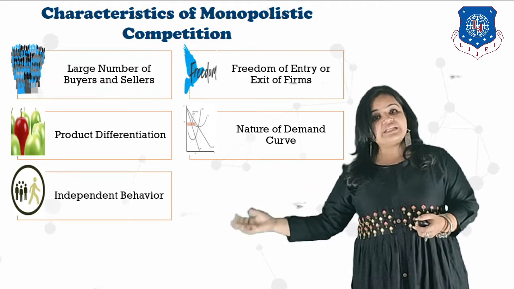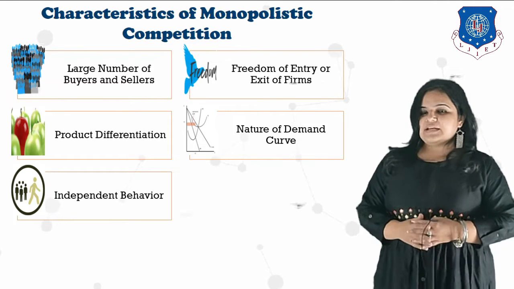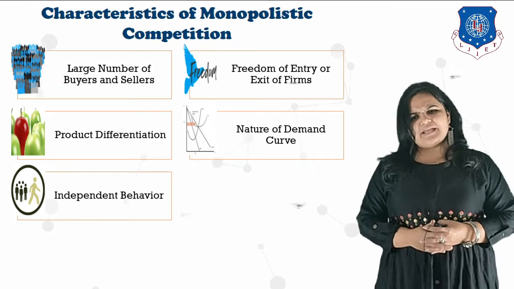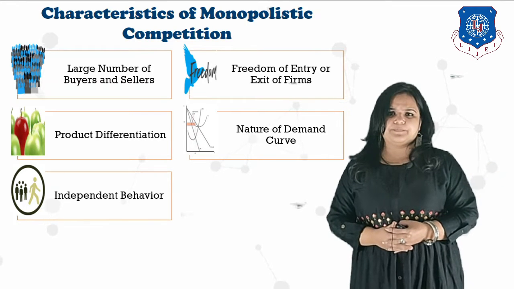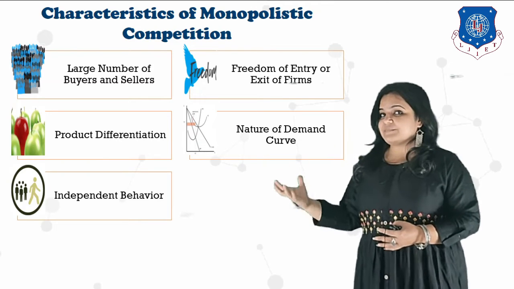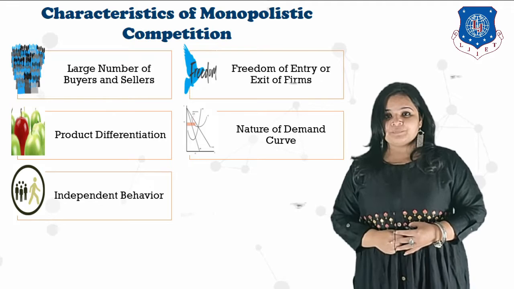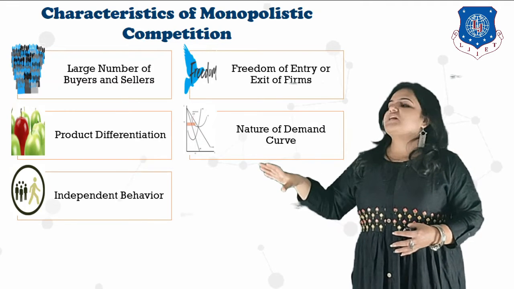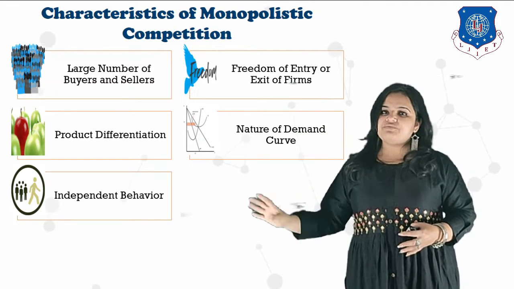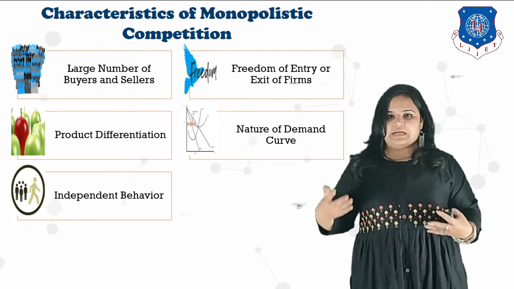Next, we have these firms having interdependent behavior. Let us think about the prices. Are they price makers or price takers? They can make price because they are giving out something different, but they are interdependent on each other. If one person is selling a bucket at 50 rupees, you cannot sell at 500 rupees. People want bucket.